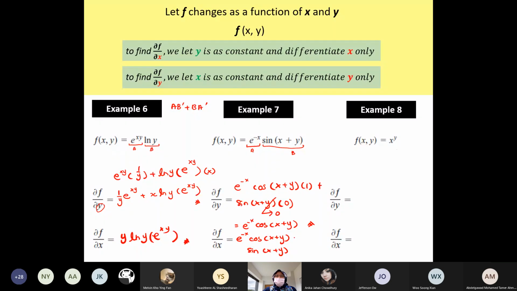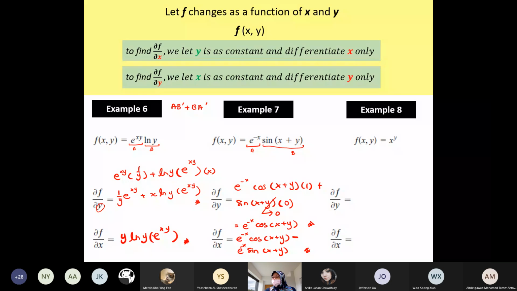So it becomes negative e to the power of negative x. Okay, so this is the answer.